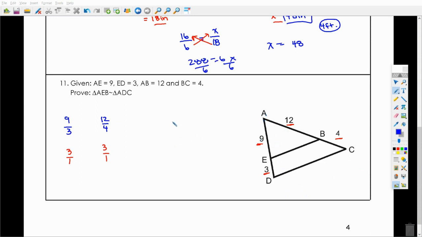Not congruent, but similar. So what I can say here is that AE is similar to AD. I'm going to label this as number 1. So the first thing. And then we also know that AB is similar to AC.